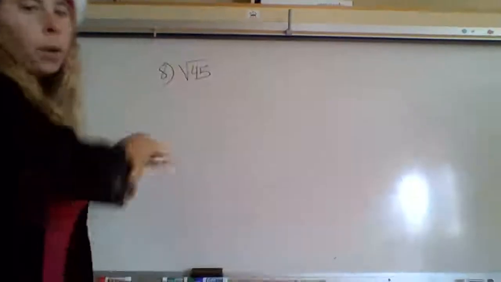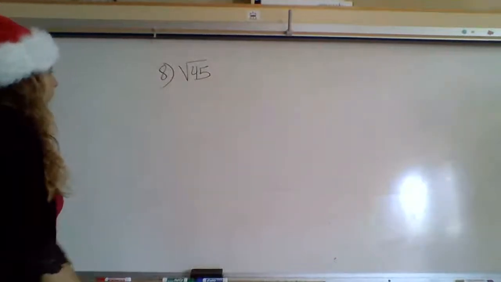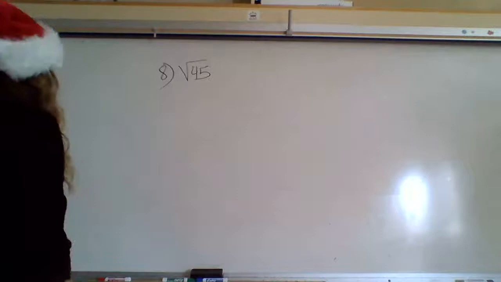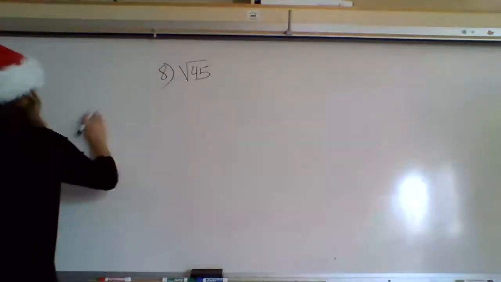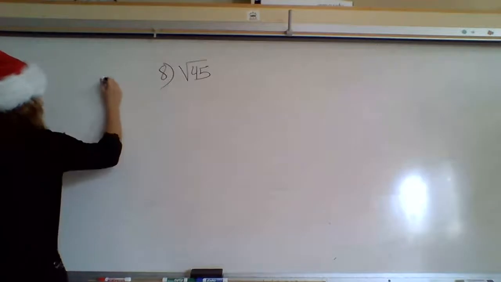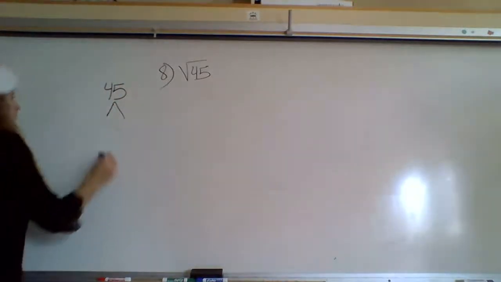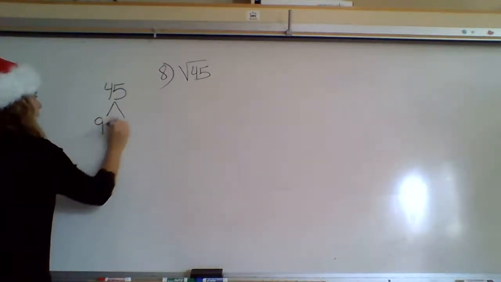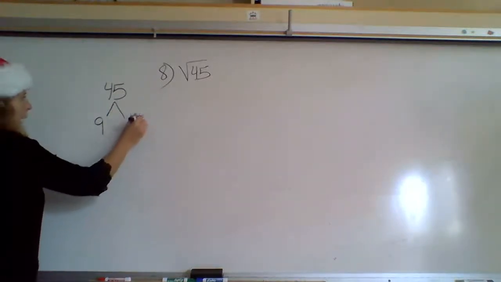Okay, number 8. Square root of 45. At some point, maybe you'll get to where you can do some of these in your head. Some of you will, maybe. I don't know if I ever got really good at that. All right, 45. So you're going to break it down. I'm going to do 9 and 5. 5's already prime, so we can circle 5.